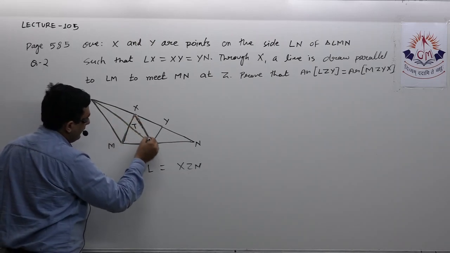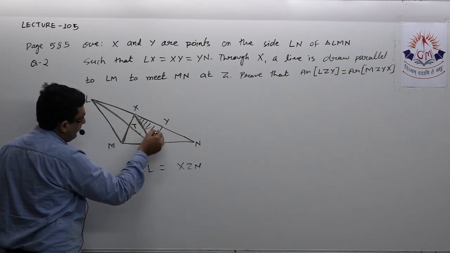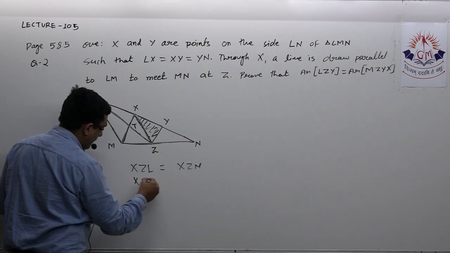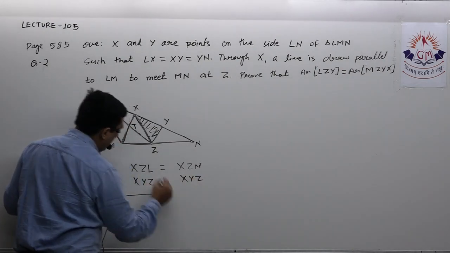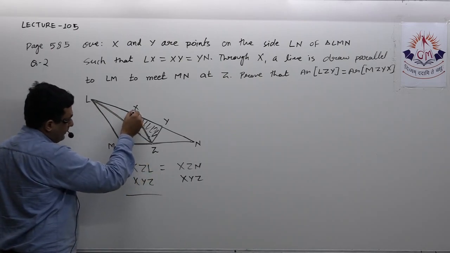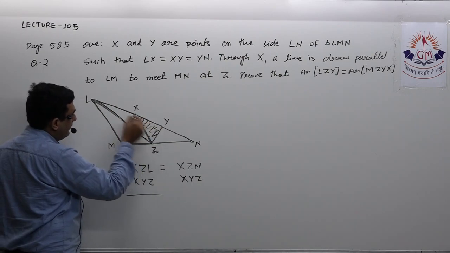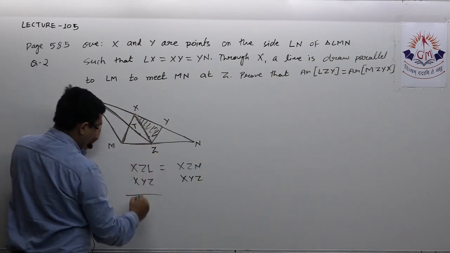Now in XZL, if I add the common area XYZ, I will get LZY. And in triangle XMZ, when I add this XYZ, I will get MXYZ, isn't it?